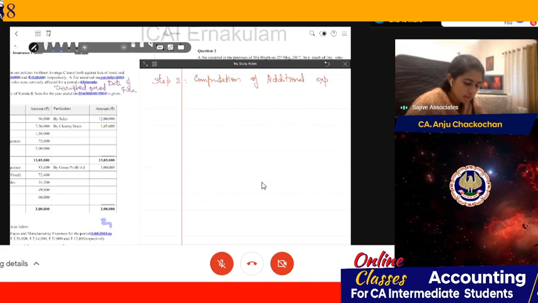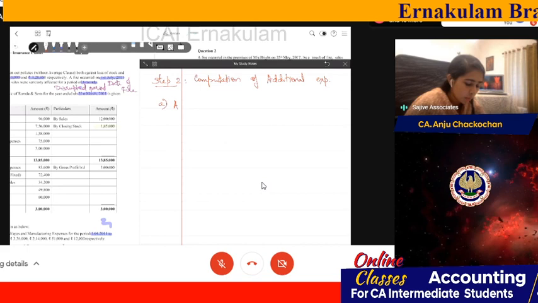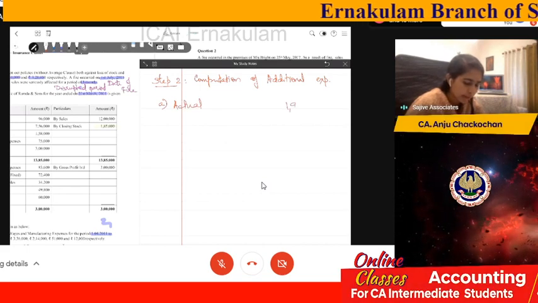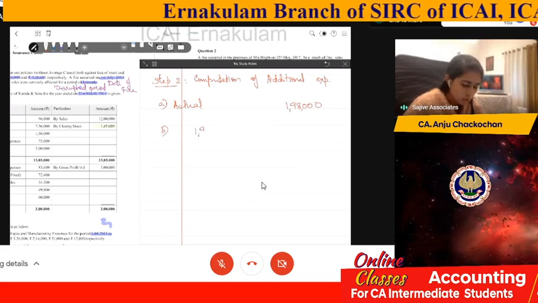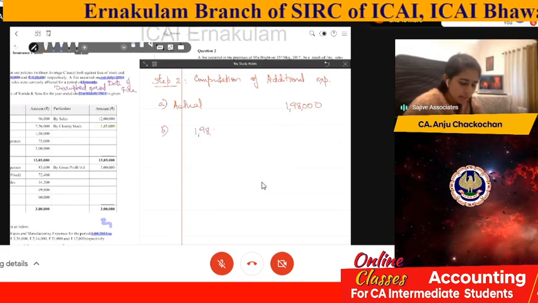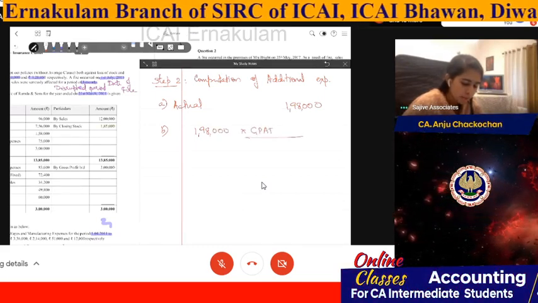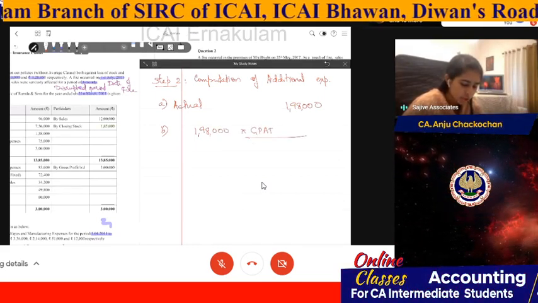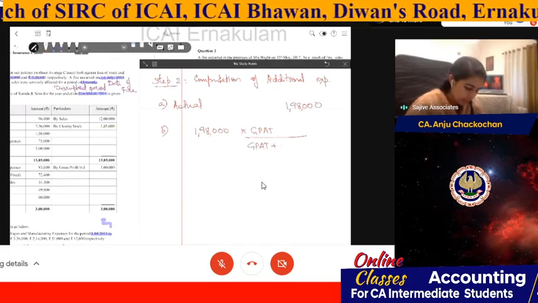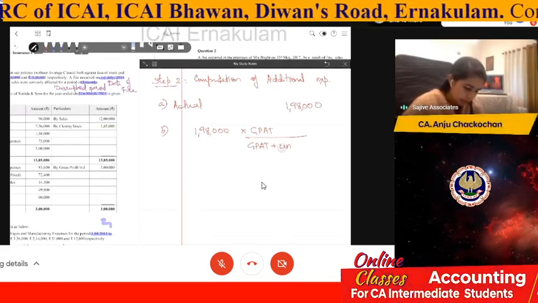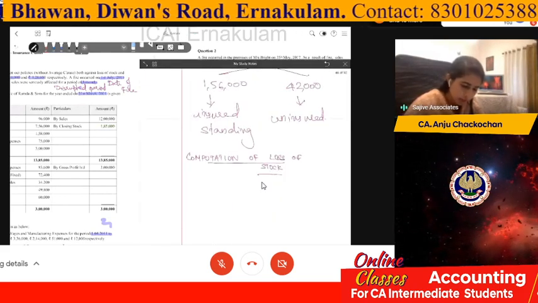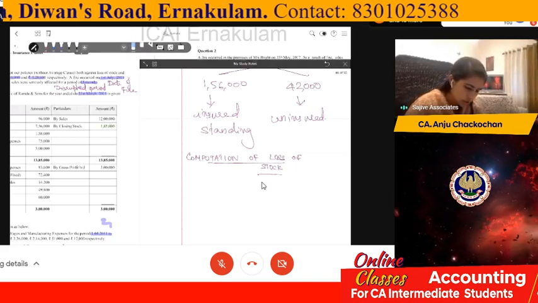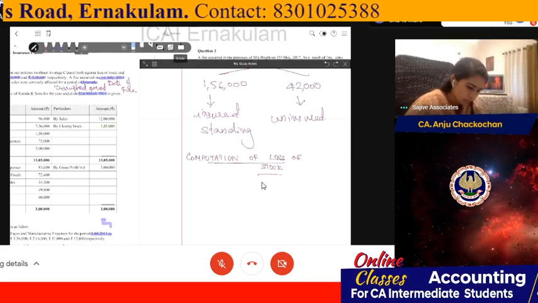This is our step 2, wherein point A will be the actual, which we have already written up, which is 1,98,000. And the second one is a formula: actual into GPAT whole divided by GPAT plus uninsured. Uninsured standing charge we have already noted in the earlier step, in the basic data, as 42,000.